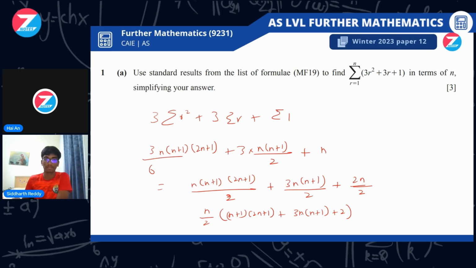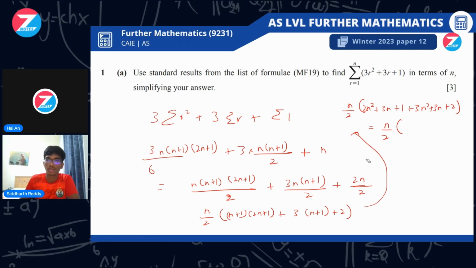So we can simplify and we'll get n by 2 into 2n squared plus 3n plus 1 plus 3n squared plus 3n plus 2. Sorry for that.